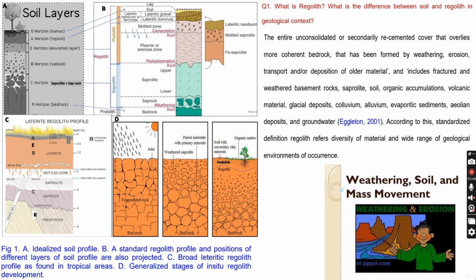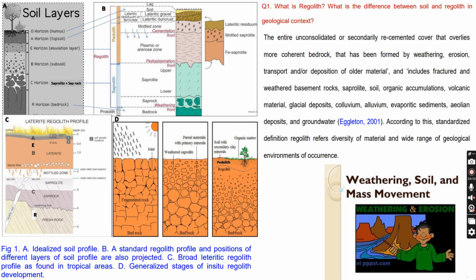Regolith, when it is solidified, regolith means it is either transported or in situ. Whatever fragmented material is lithified again, if transportation is involved, then that petrification process gives a sedimentary rock. Whenever the soil profile in situ is preserved and petrified, that is called paleosol.